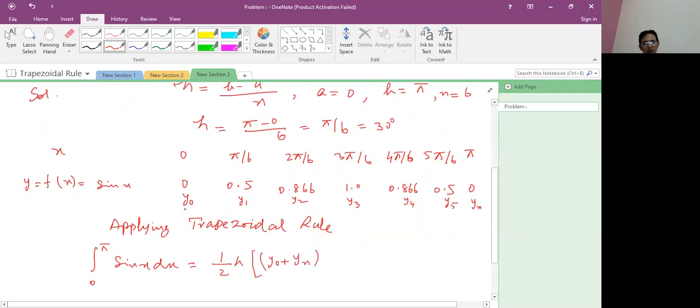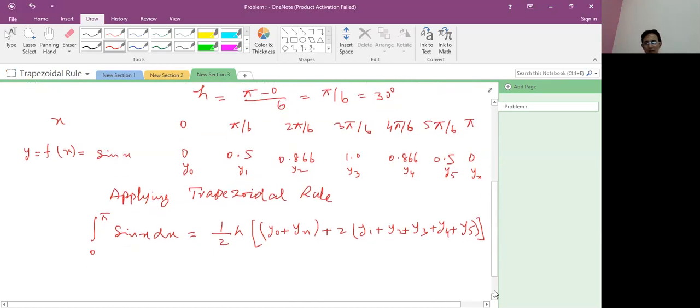We add the first and the last term, and the remaining values we multiply by 2 and add: y1 plus y2 plus y3 plus y4 plus y5. So this is called the trapezoidal rule. With the help of the table, you will write the trapezoidal rule. So student, what is h?